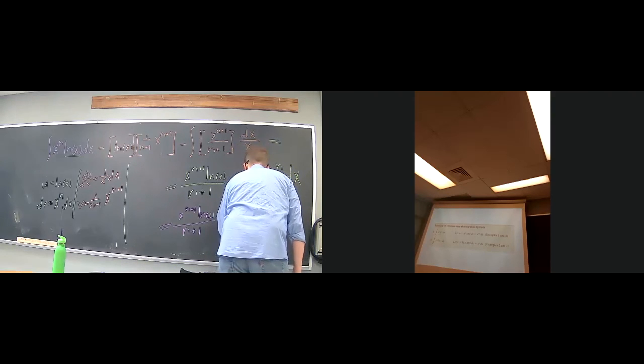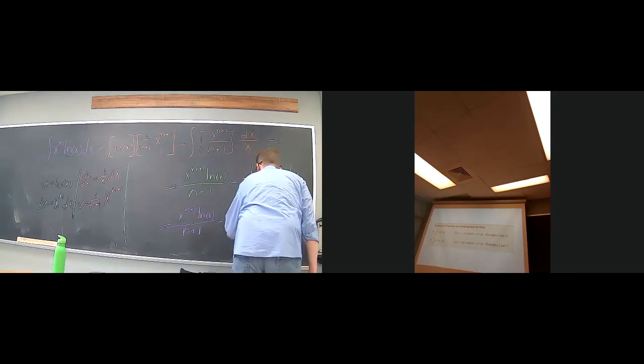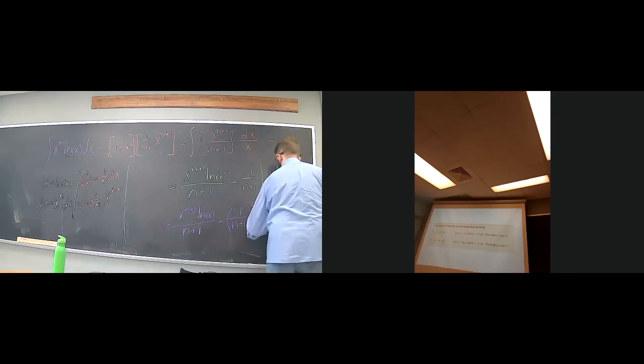It's supposed to be 1 over n plus 1, that quantity squared, times x to the n plus 1, plus a constant.